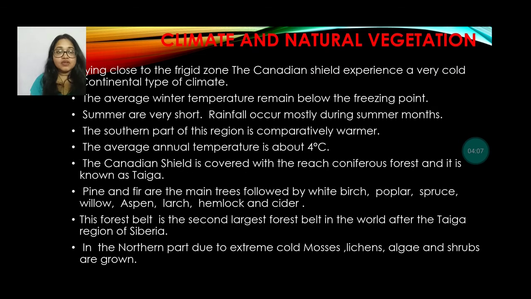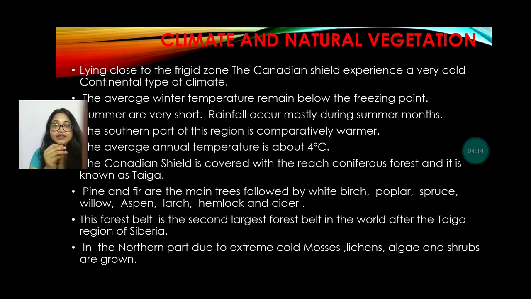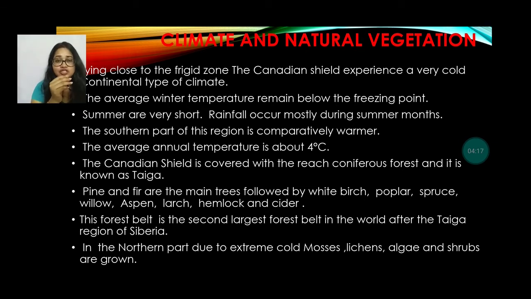Now the next topic is climate and natural vegetation of the Canadian Shield region. Since this region is located in the northern part of North America, it mainly lies under the Arctic zone. So this region experiences a very cold continental type of climate, and the average winter temperature remains below freezing point, around minus 7 degrees centigrade.